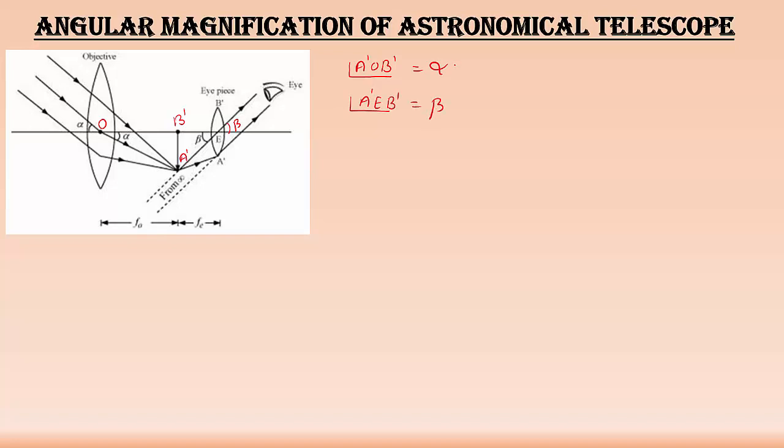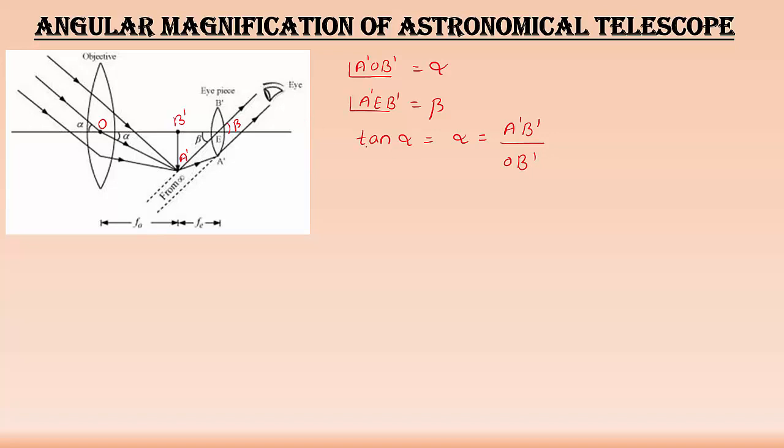That means this is the visual angle subtended by the object, and this is the visual angle subtended by the image. Now let us calculate tan alpha. Tan alpha equals the opposite side A dash B dash divided by the adjacent side O B dash.